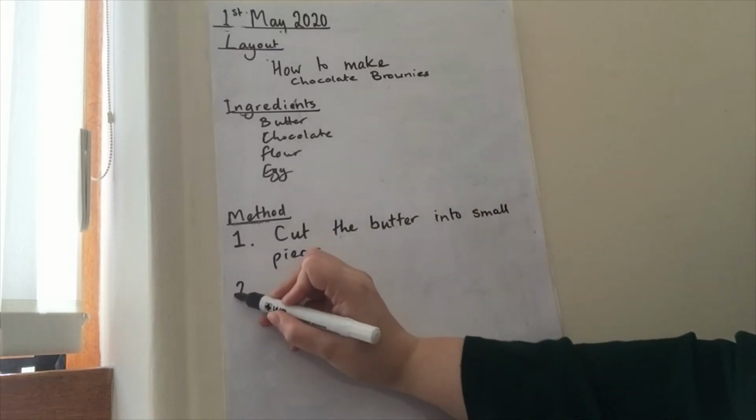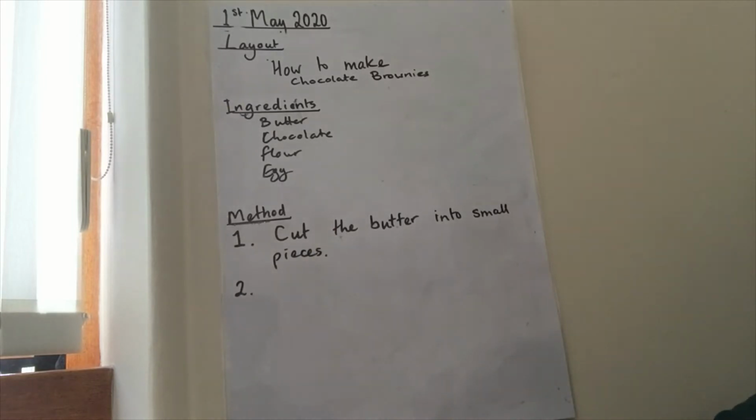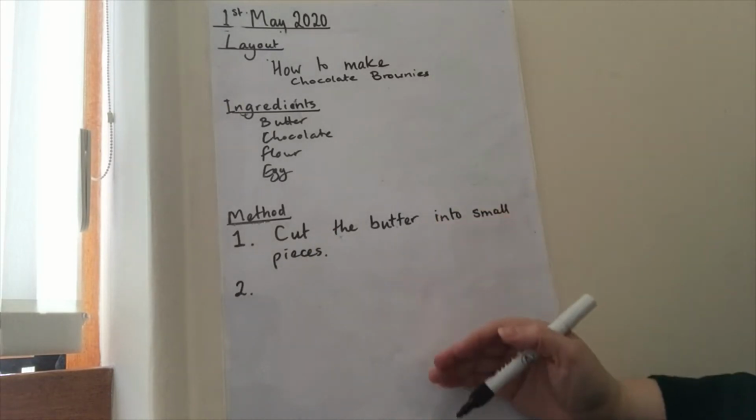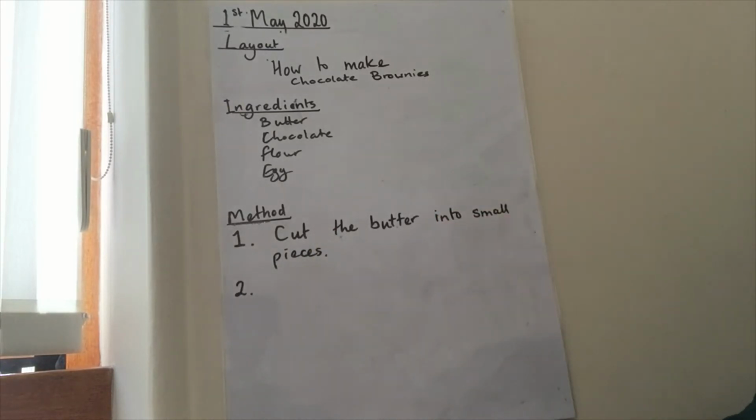Then I'm going to go on to my next step. And I'm going to carry on like that all the way through my plan, trying to think of all the different things I have to do.